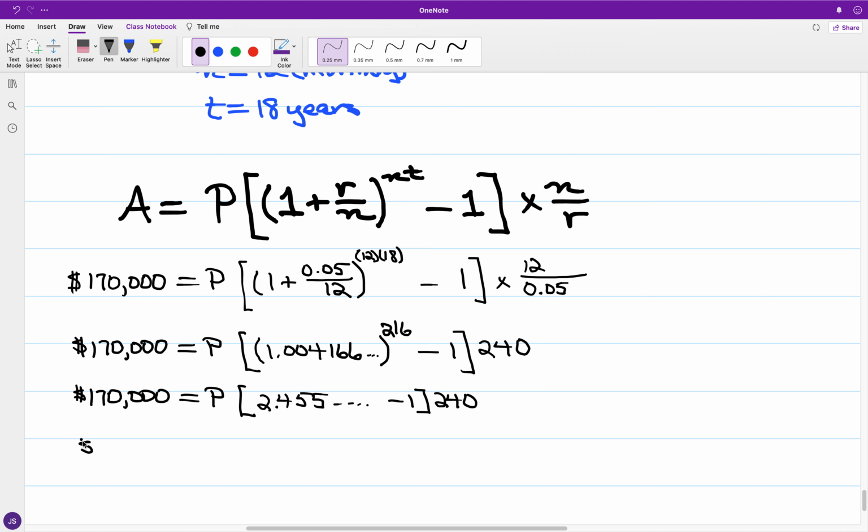Okay, and as we narrow it down, you have $170,000 is equal to P times 1.455008. Just keep that number multiplied by 240.